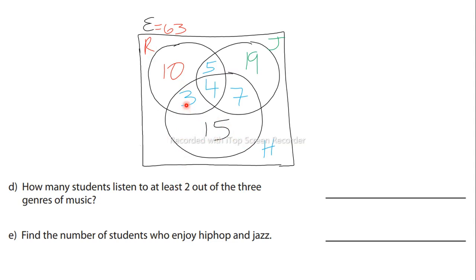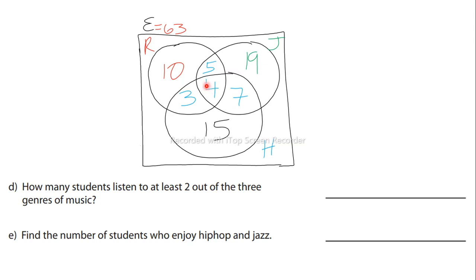The same thing for number 7. This number 7 tells us the number of students who enjoy jazz and hip hop, but not rock, so that's at least 2. Number 5 tells us those who enjoy rock and jazz, so that's at least 2. And number 4 tells us those who love all 3.